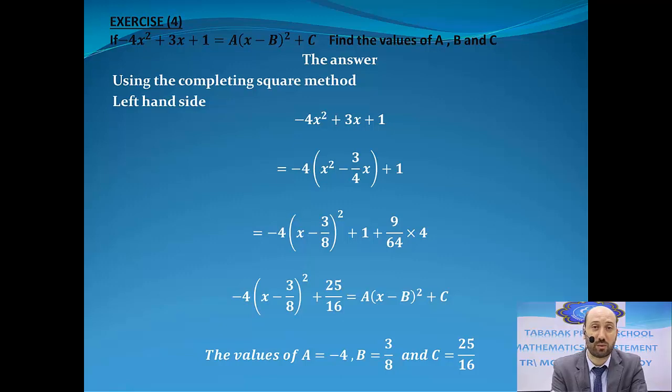If we divide the first term, negative 4x squared, by negative 4, we will have x squared inside the bracket. And if we divide plus 3x by negative 4, we will have negative 3 over 4 x. And the constant 1, we are going to write as it is but outside the brackets.